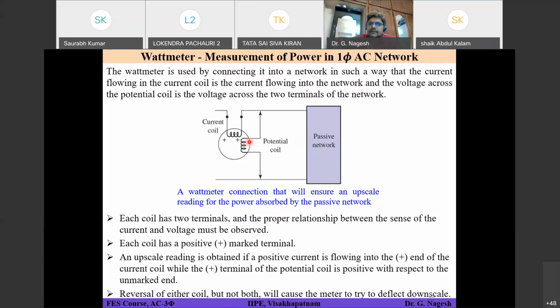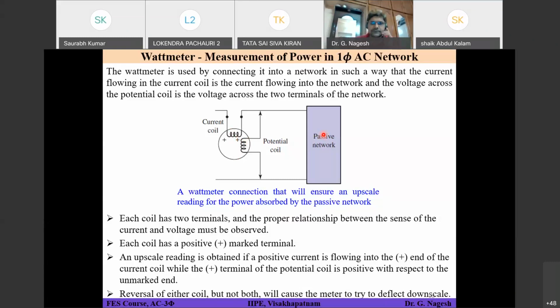So what I am trying to say is, if you are not connecting your terminals as in the figure shown here, then there will not be any deflection even though there is power consumption in your circuit, because your force is in the opposite direction and your scale is on the other way. Yeah, I hope you understand.